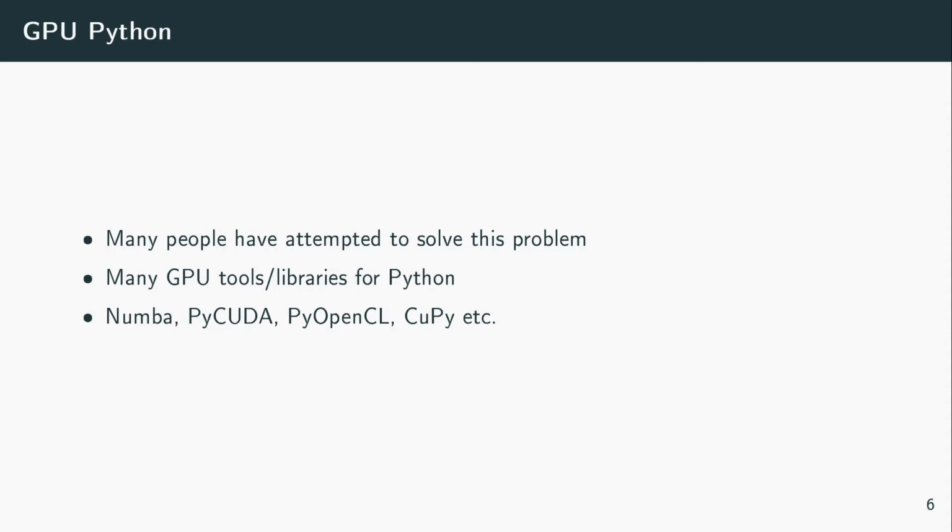PyCUDA and PyOpenCL are more traditional wrapper libraries around the low-level CUDA and OpenCL APIs, and they don't really provide a new way of writing the kernels themselves. And then we have CuPy, which is a drop-in replacement for NumPy for running NumPy operations through CUDA. Our work builds on CuPy, and we'll be directly comparing our approach and performance to CuPy.